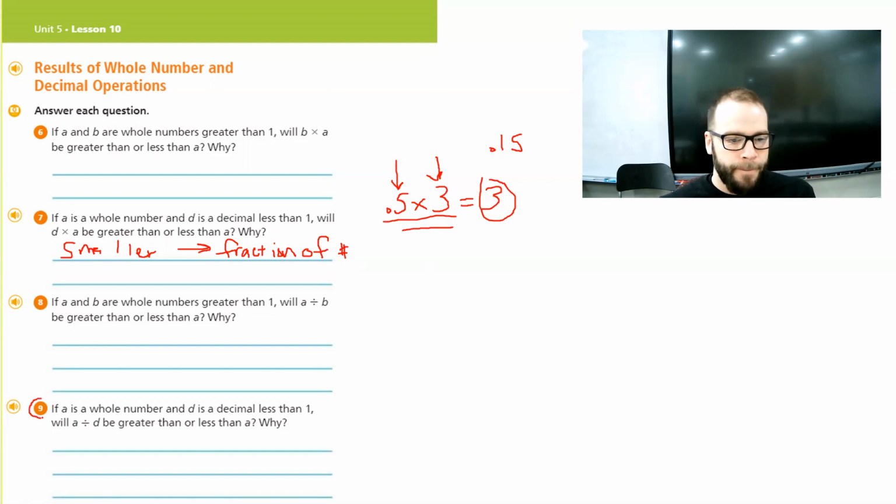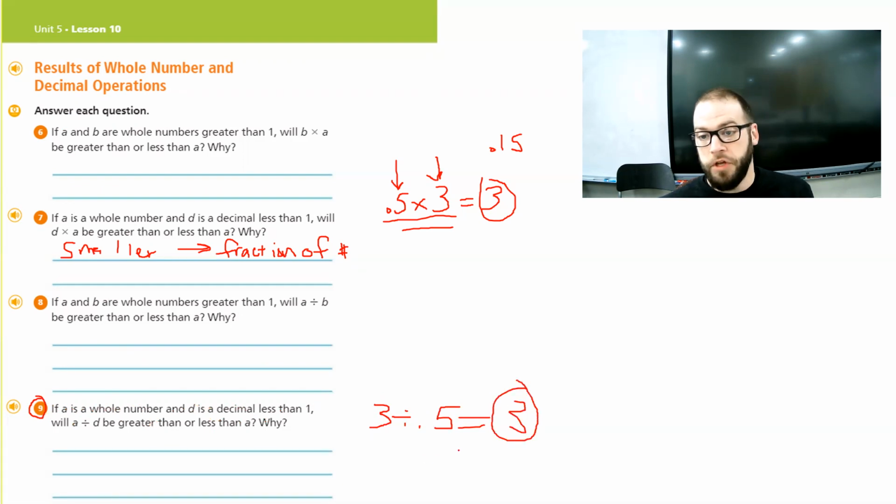Let's go to 9. If you have a whole number, right? If A is the whole number, and you divide it by a decimal smaller than 1, let's keep using the same numbers, will that be bigger or smaller than 3?